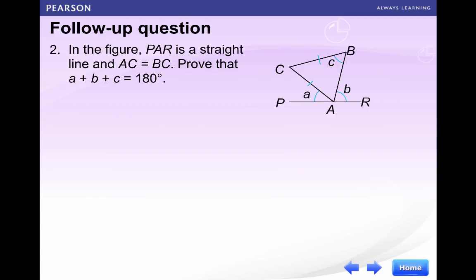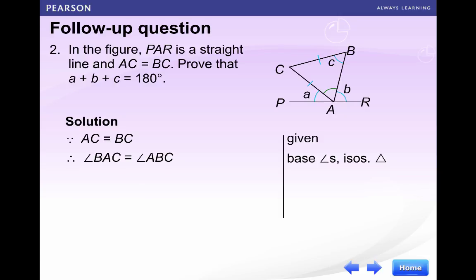And look at one more example here. We know that AC equals BC. We want to prove that a plus b plus c equals 180 degrees. And PAR is a straight line. First of all, because AC equals BC, the base angle, angle BAC, will equal angle ABC, which is equal to small letter c.